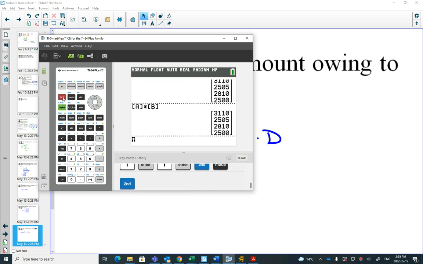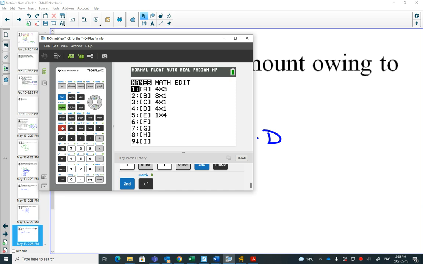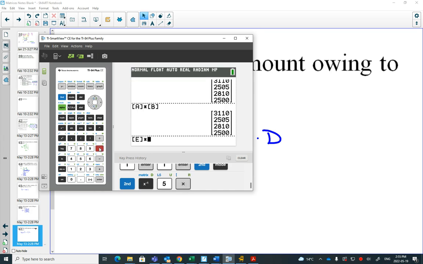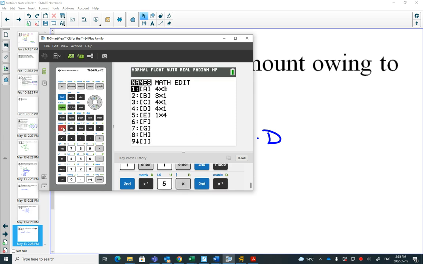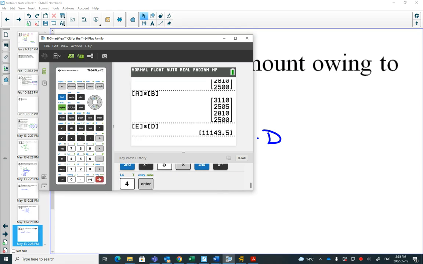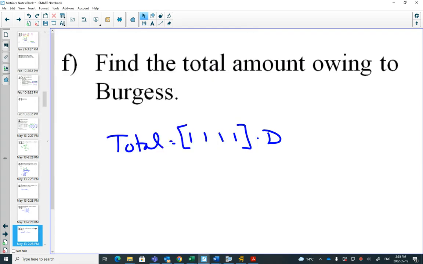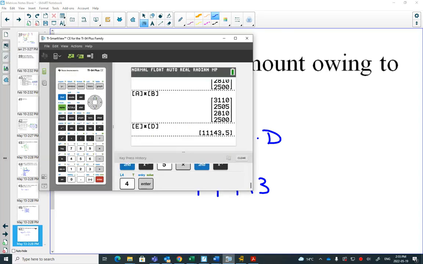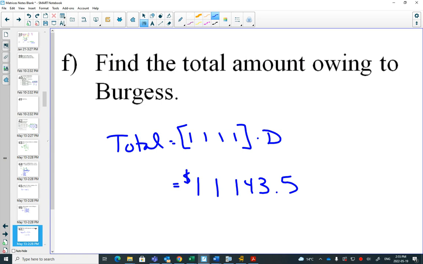And then I could go E times D, 11,143. It might even be quicker than adding them all together. You might have got them faster by adding, just showing that you could do it with matrix multiplication.